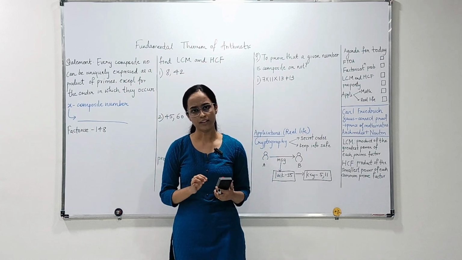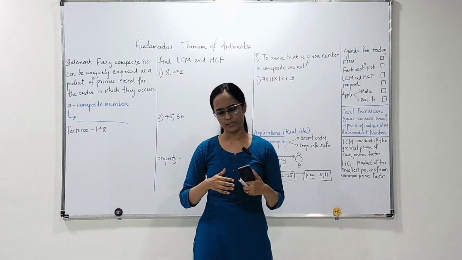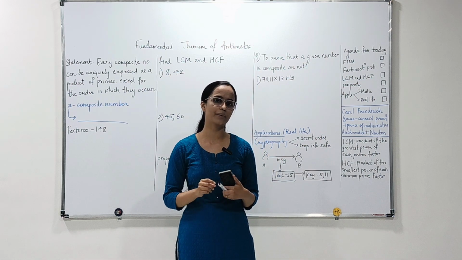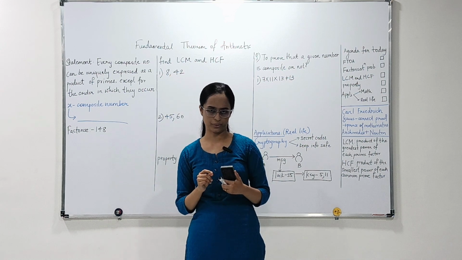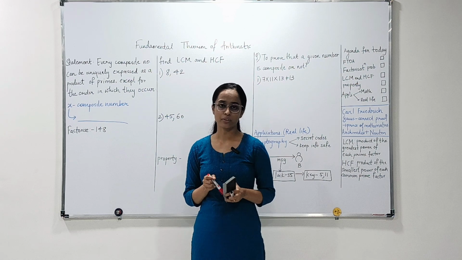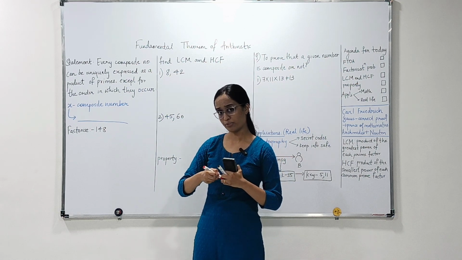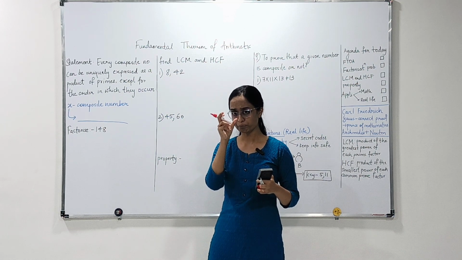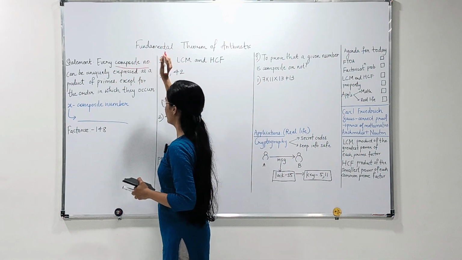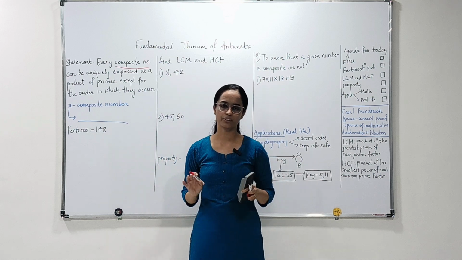Now first of all, whenever a statement or any theorem or proposition comes to you, you first need to identify the subject in that theorem. So here, the main factor is the composite number. Here we are dealing with composite numbers.